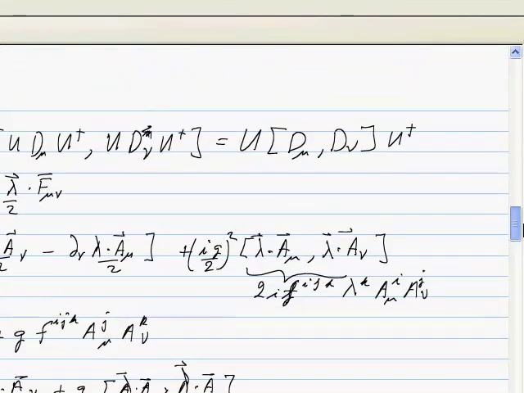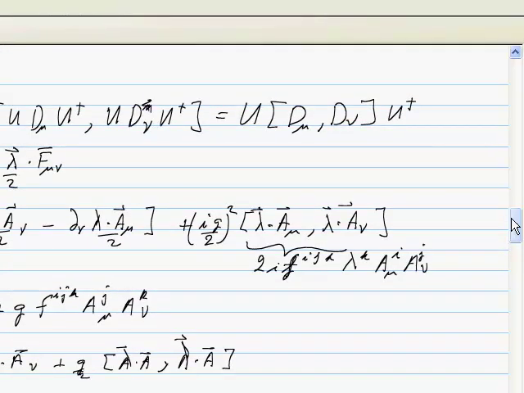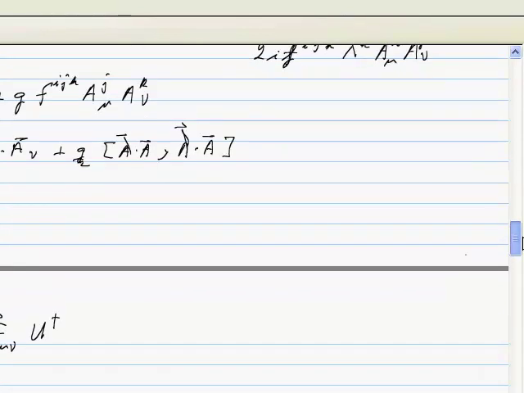That's the key feature. And that's true not just for small transformations, that's for big transformations. And we've gotten it from just doing this original one.